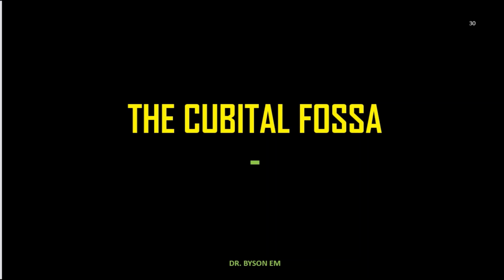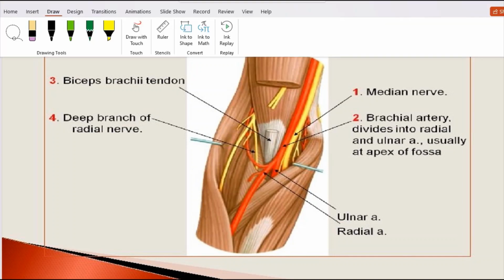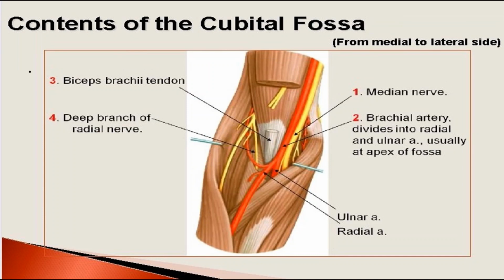The cubital fossa. This is a cubital fossa. The cubital fossa is found on the anterior elbow. You must know the boundaries of the cubital fossa and the contents of the cubital fossa. On the lateral aspect, you find this muscle here, the brachioradialis muscle.